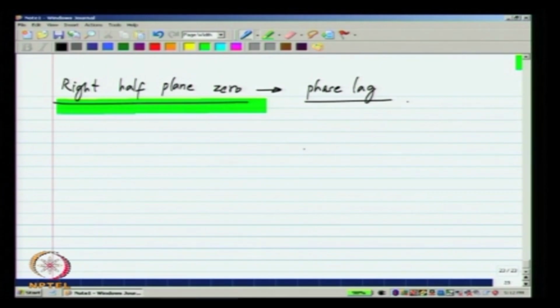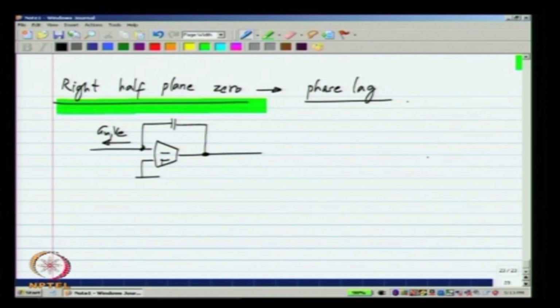For this, I will focus only on the second stage of our op amp. We have a current GM1 VE that is supplied by the first transconductor, and that is passed through this current controlled voltage source, which behaves as an integrator. Now, I will neglect all the other components because I want to focus only on the right half plane 0 and not worry about other details.